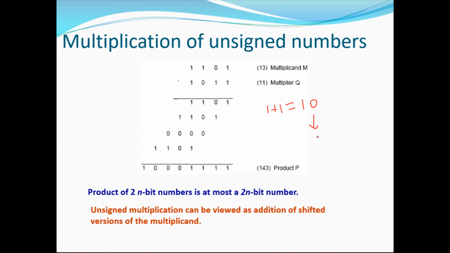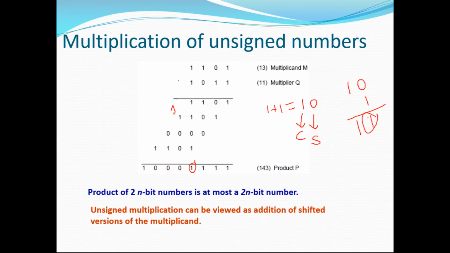Again 1 plus 1 is 10, and 10 plus 1 is 11. Again 10 plus 1 is 11. So the sum is 1 and carry is 1. When you add three ones, you get sum as 1 and also carry as 1.